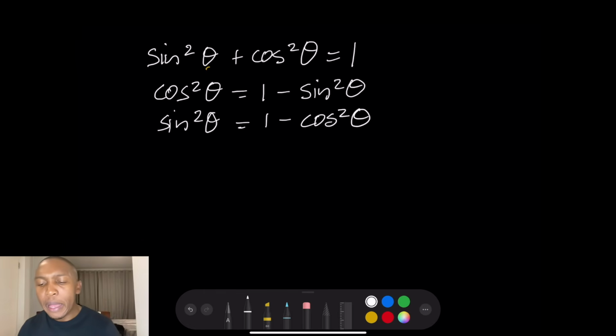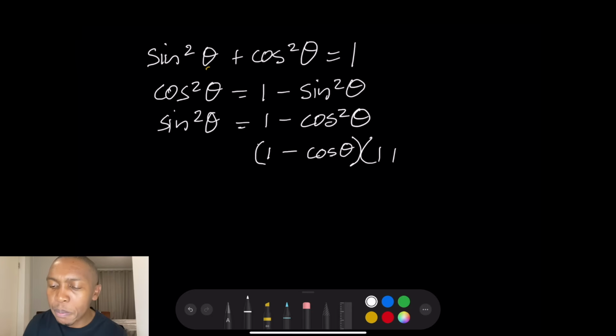By the way, for these two, just note that you can also express them as the difference of two squares. What I mean by that is that we can factorize both of these. For instance, 1 minus cos squared of theta, you can factorize to be 1 minus the cos of theta and 1 plus the cos of theta.